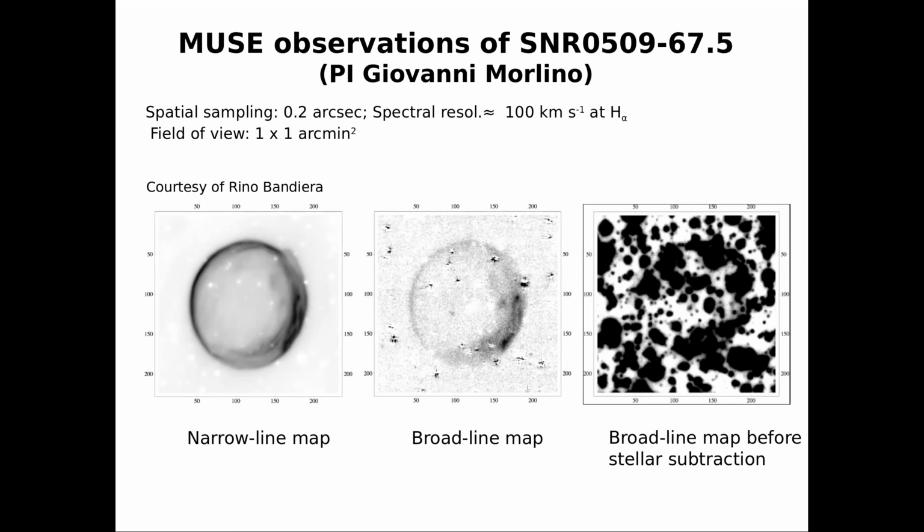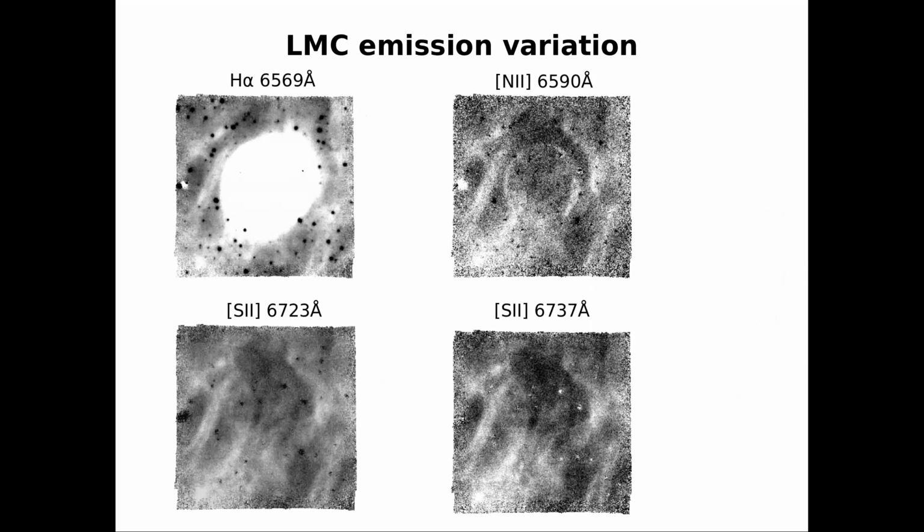The other thing that we have to take into account is that LMC emission varies across the field, and you can see how it looks in different channels, like H alpha, nitrogen 2, and S2 channels.